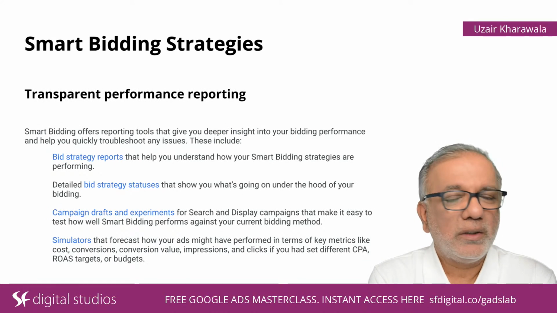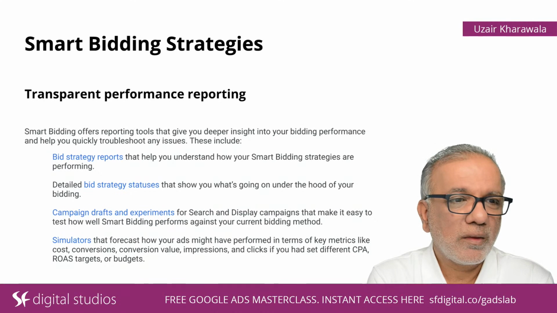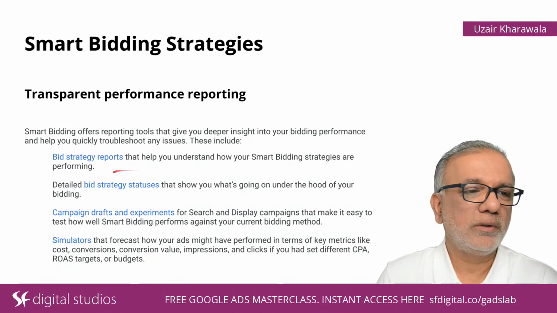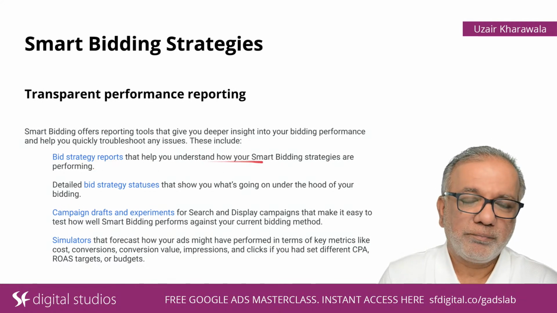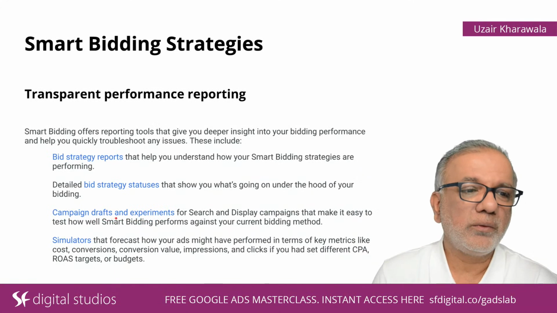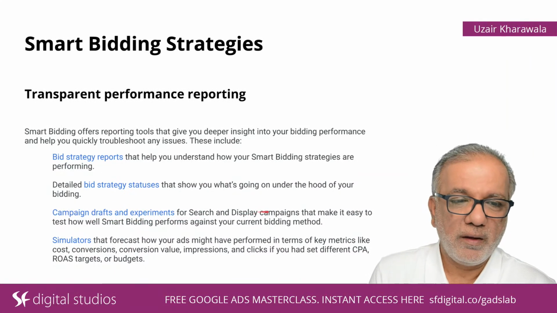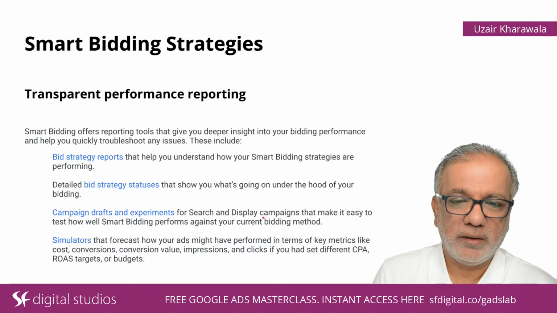So it also has transparent performance reporting, and you get lots of tools like the bid strategy reports that can help you understand how your smart bidding strategies are performing, and detailed bid strategy statuses, campaign drafts, and experiments, so you can experiment as well. For search and display campaigns, it's not available for video right now.